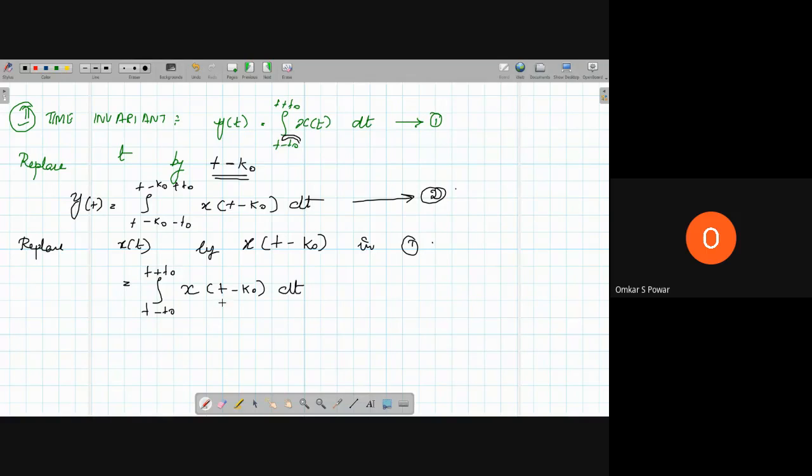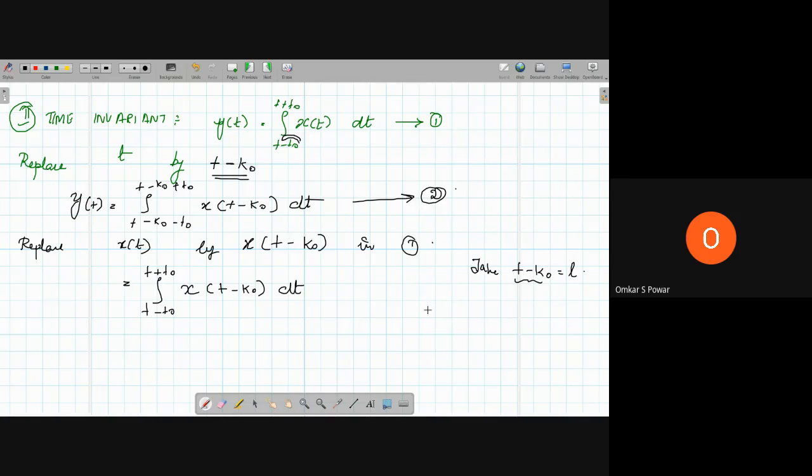Now keep this procedure in mind while solving the problems for integration. Take t minus k naught is equal to L. So what happens if you take this one, your limits also will change.